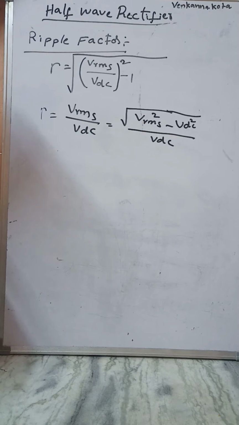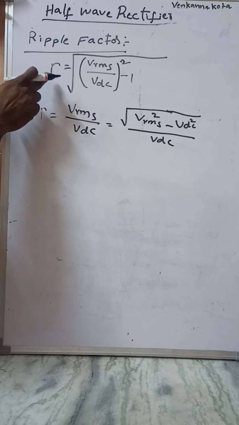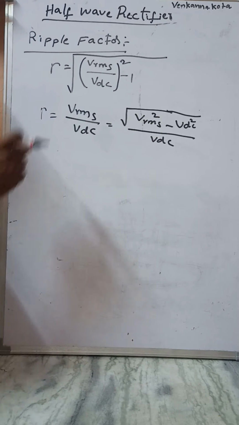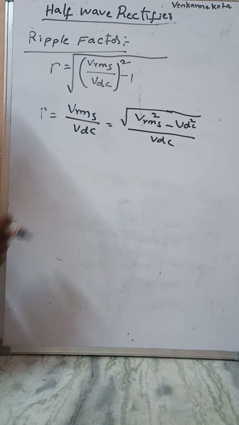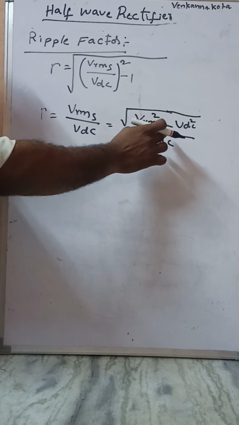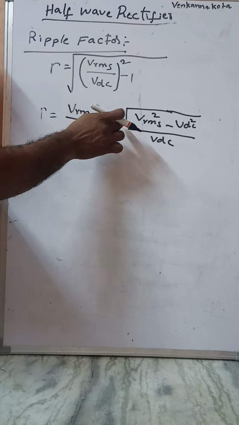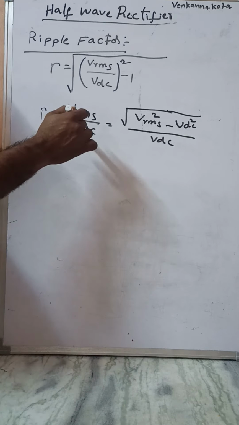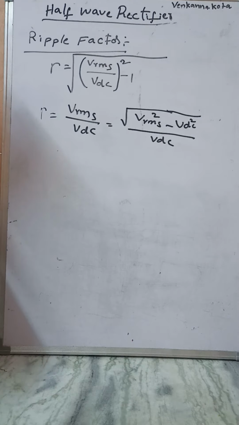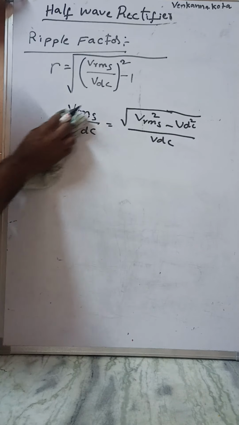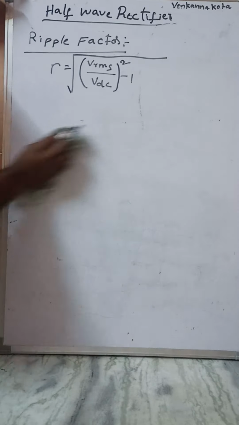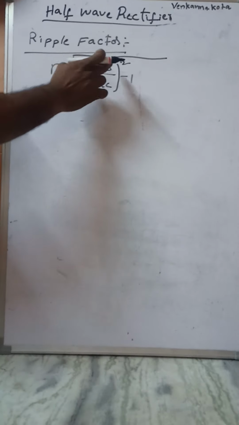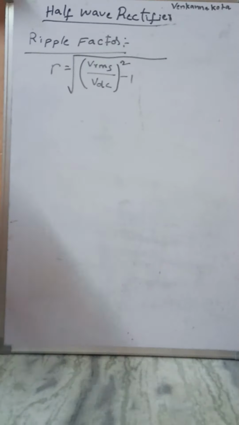So this can be written as square root of (Vrms by Vdc) whole square minus 1. When we take Vdc common out of the square root, Vdc by Vdc cancels. Ripple factor is equal to square root of (Vrms by Vdc) whole square minus 1.